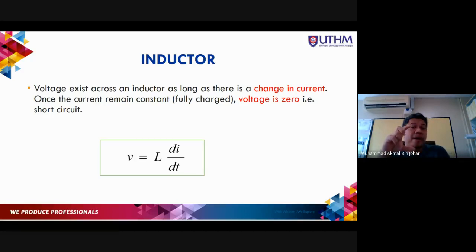Then the current remains constant, and the voltage is at 0.